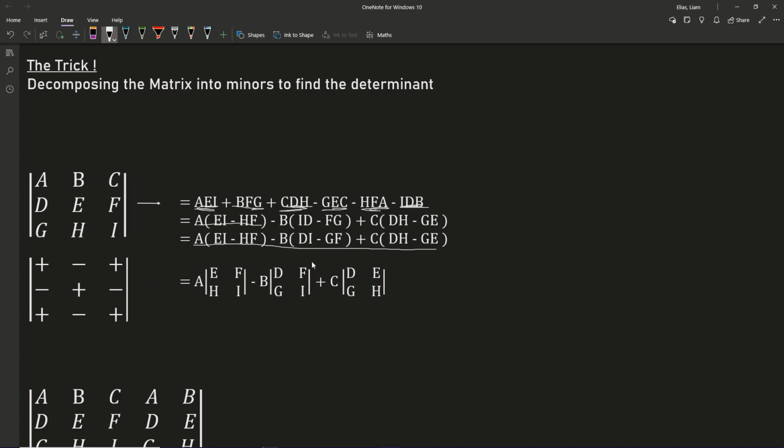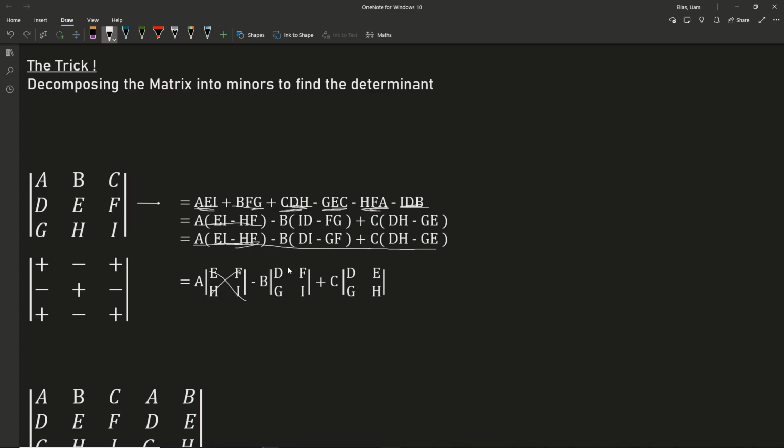So what you'll notice here is now we have a being multiplied by ei minus hf. Well, this ei minus hf is simply just one of the 2 by 2 determinants that we dealt with earlier. So we can make a 2 by 2 matrix that represents ei minus hf as its determinant. So we make this matrix, as you can see, its determinant is exactly what's inside the brackets.